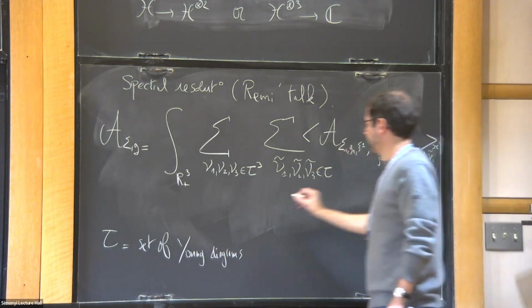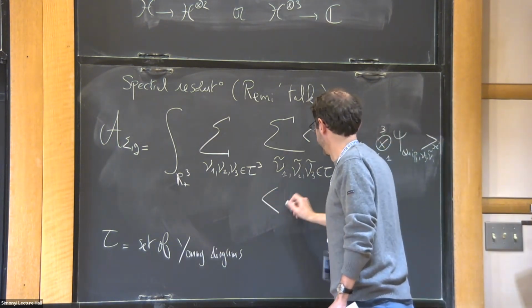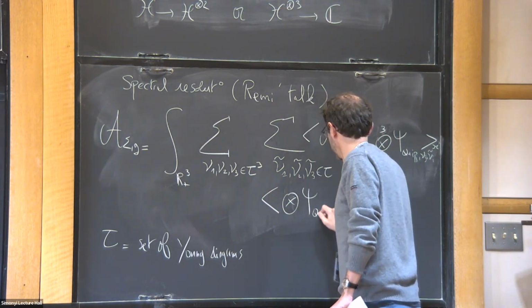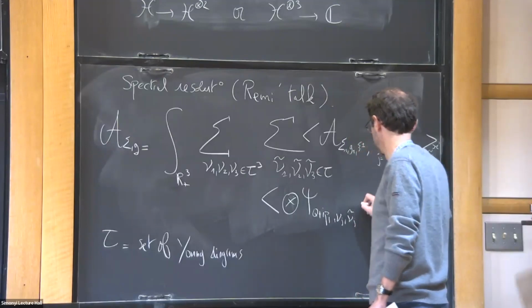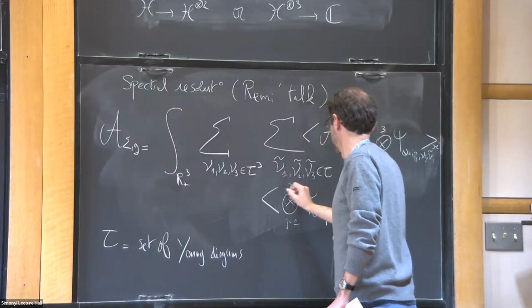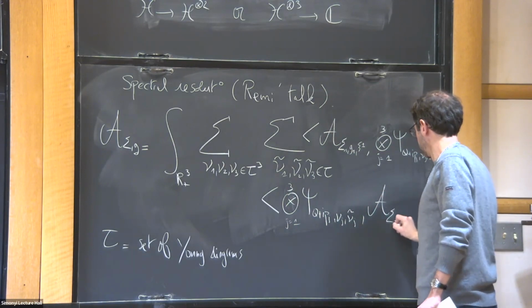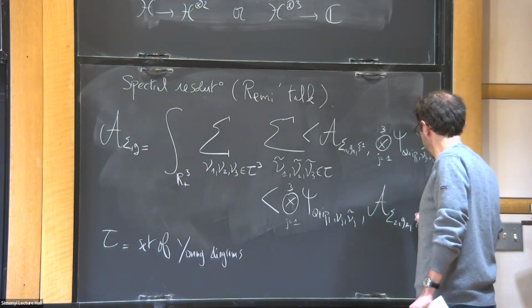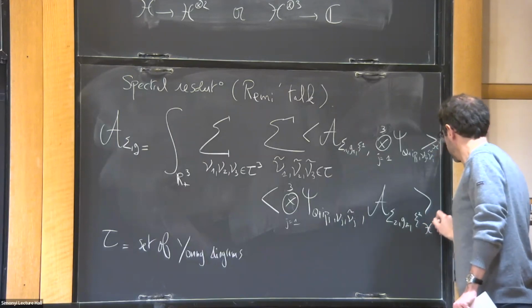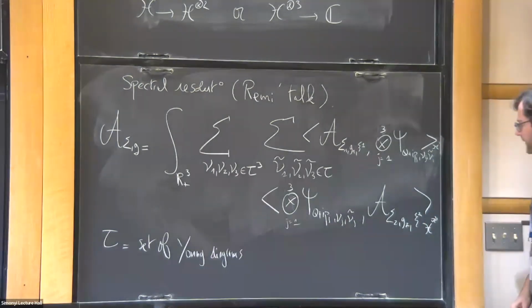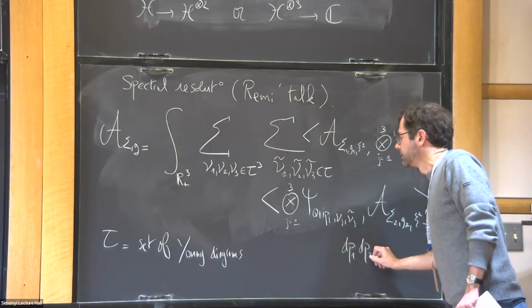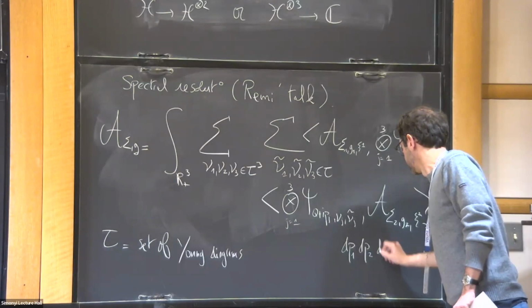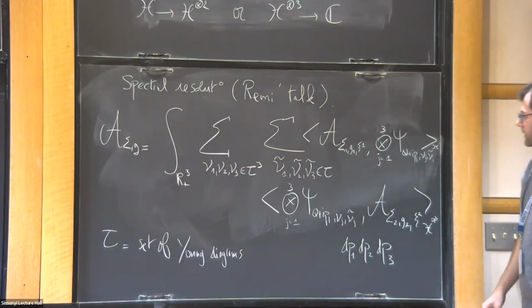This is the first factor, and then the other factor is the product of IPJ nu J nu tilde J, A sigma 2, G2. And then you get dp1, dp2, dp3. So this is the decomposition using the spectral resolution.